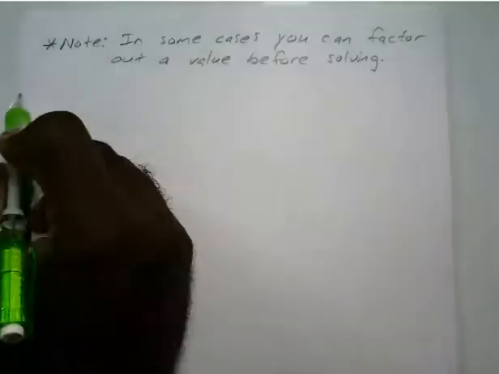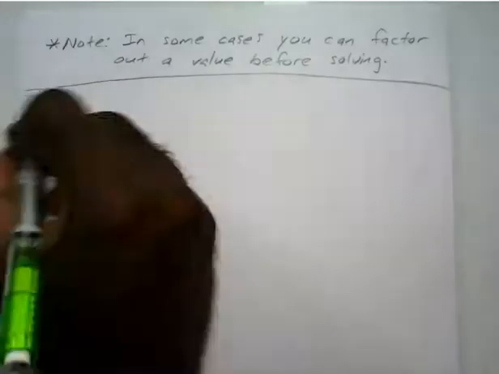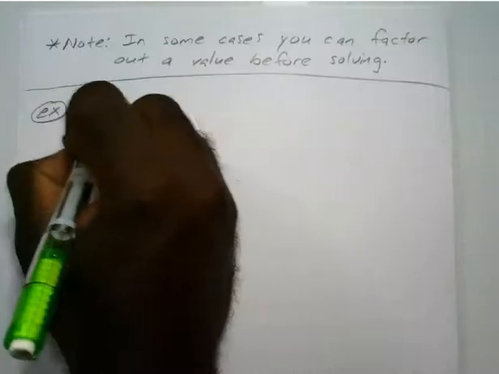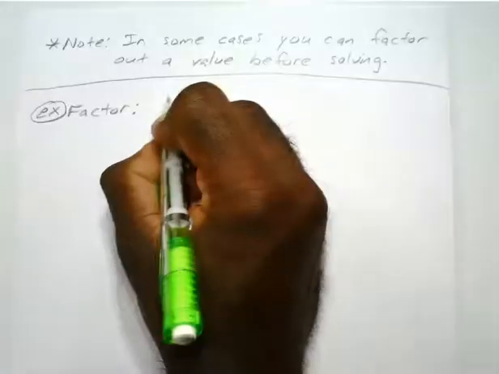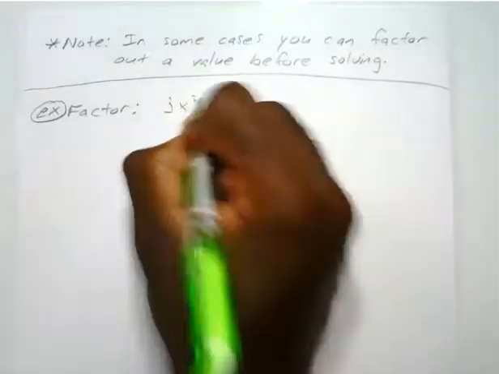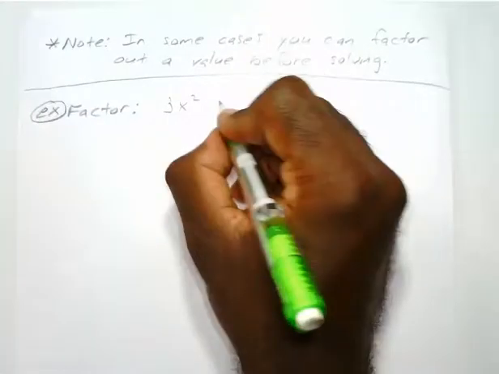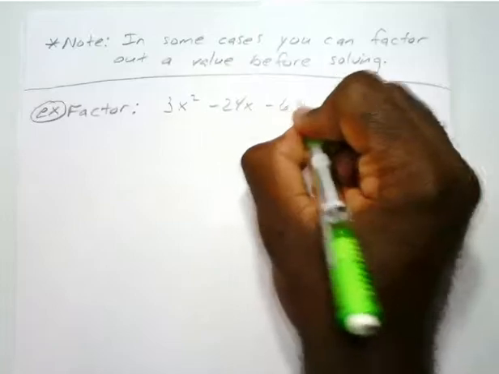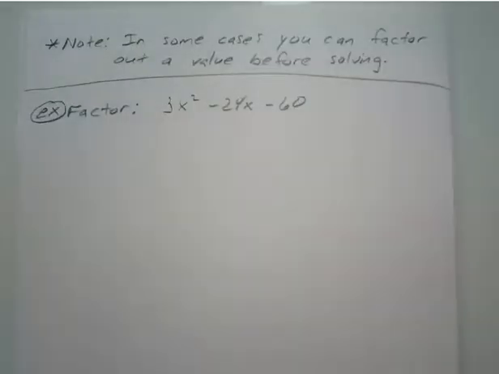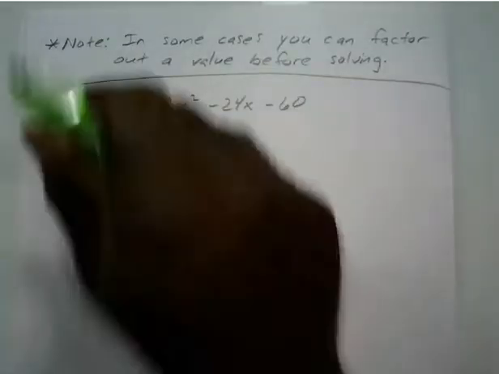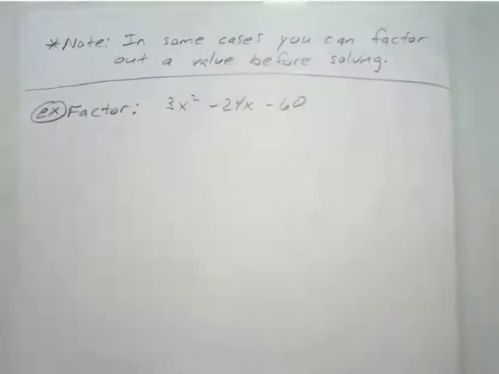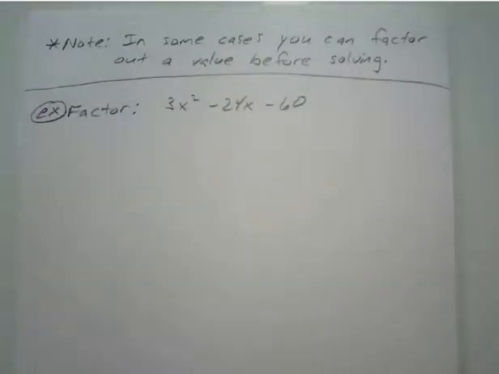And that's where this next example will come in. Okay, so for example, if we wanted to factor 3x squared minus 24x minus 60. Now let me straighten out that 3 a little bit, make it a little clearer. There we go. Okay, so 3x squared minus 24x minus 60.